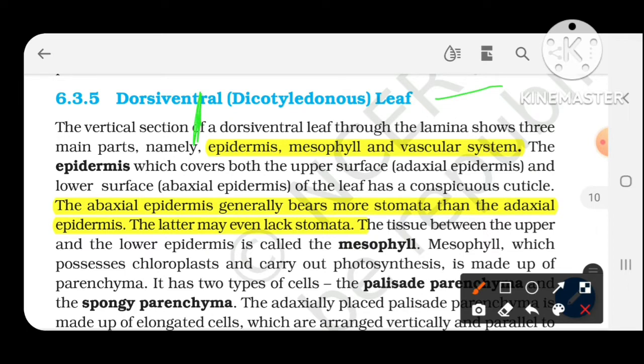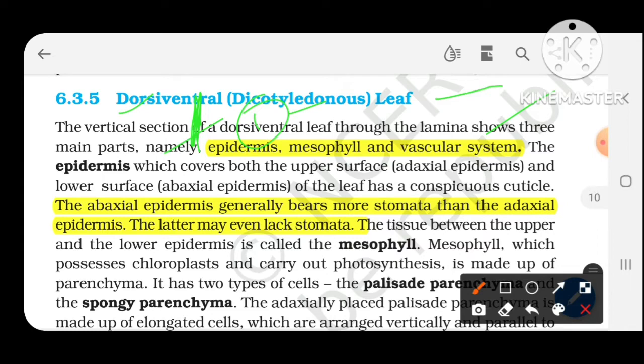So when we cut the vertical section of the dicot leaf, the dorsiventral leaf, we will see three parts. Mainly the outermost part is epidermis, the middle part is mesophyll, and the innermost one is vascular system.